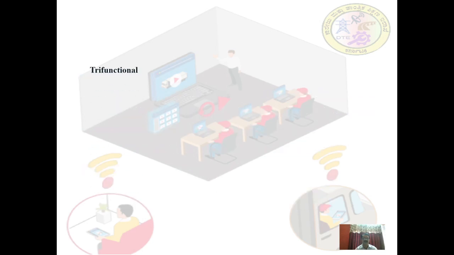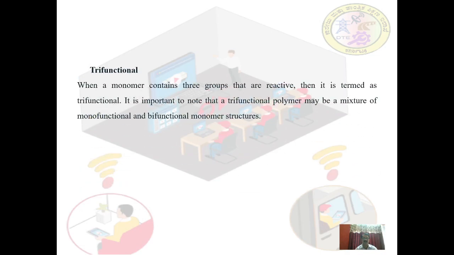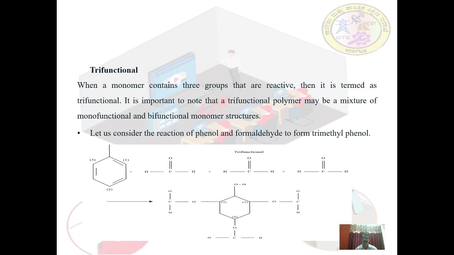Then trifunctional. When a monomer contains three groups that are reactive, then it is termed as trifunctional. It is important to note that a trifunctional polymer may be a mixture of monofunctional and bifunctional monomer structure. Let us consider the reaction of phenol and formaldehyde to form trimethyl phenol. So here is the structure.